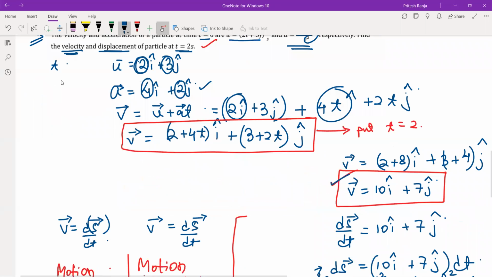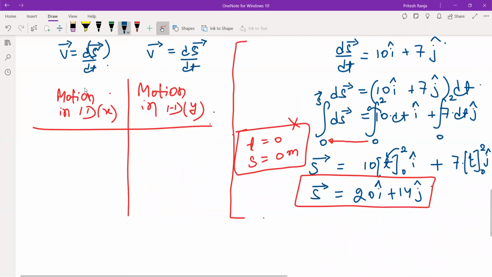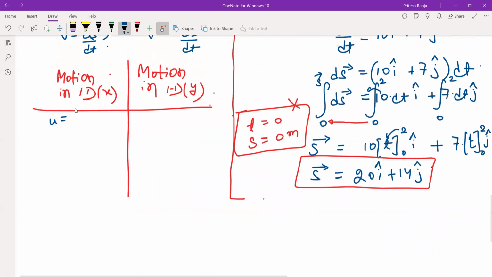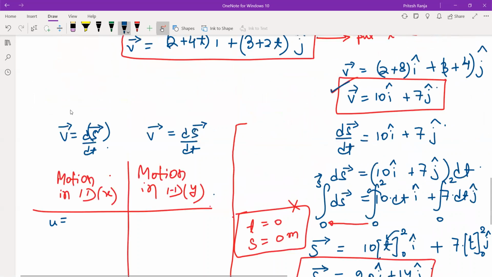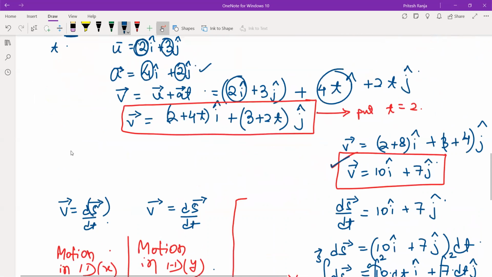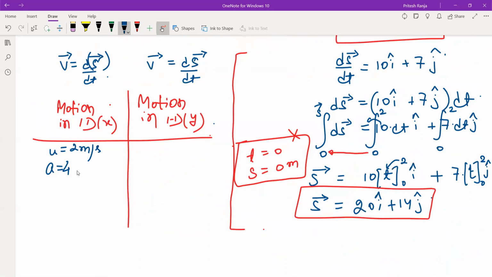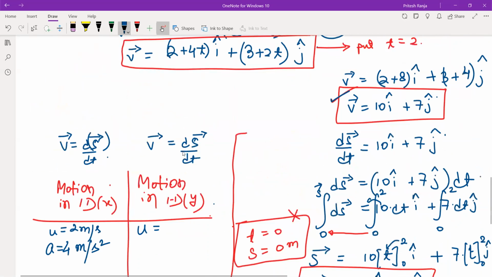So let us write that. In one dimensional motion, x के along initial velocity क्या है? 2. Acceleration क्या है along x? 4. And initial velocity along y क्या है? 3.